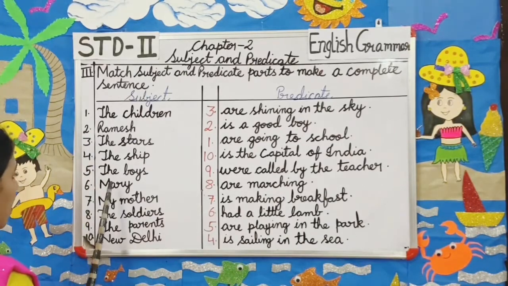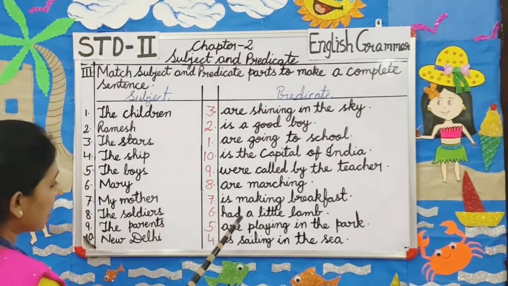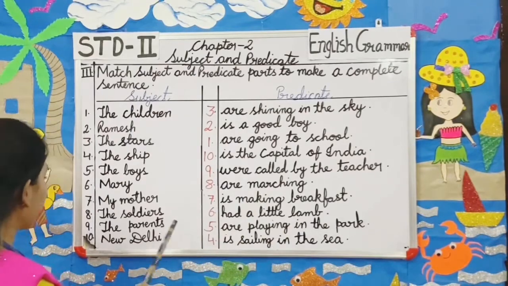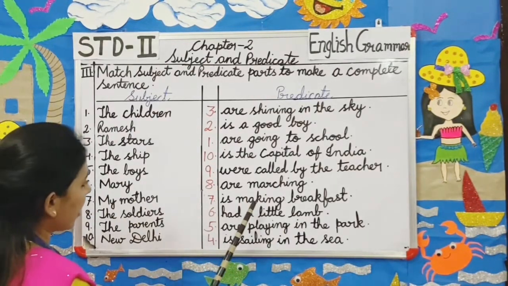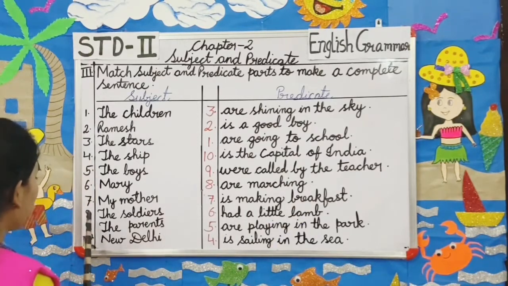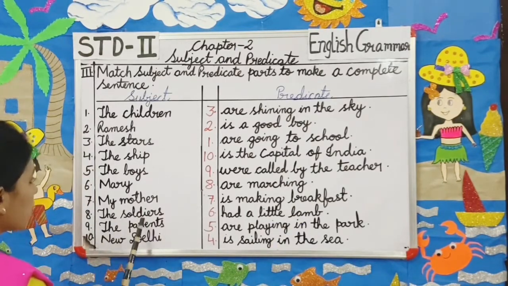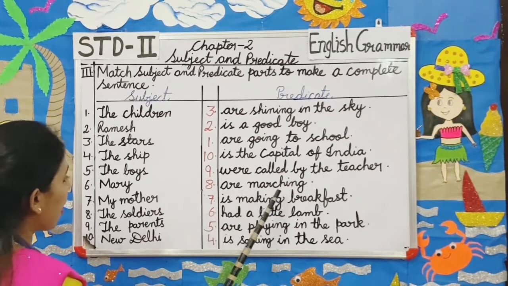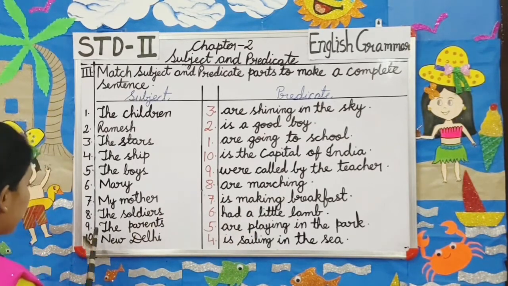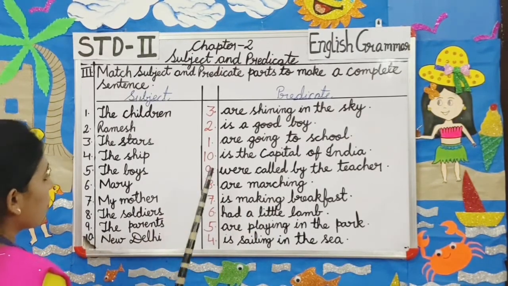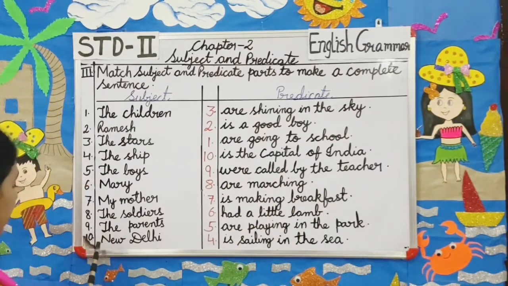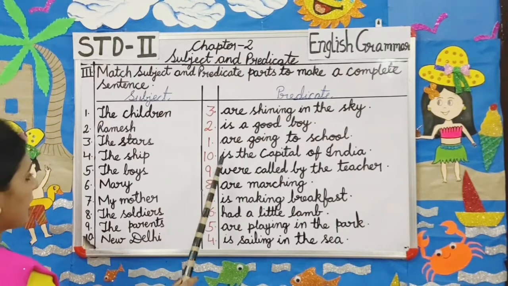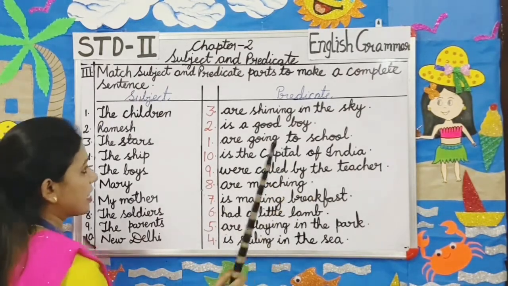Number 6. Mary had a little lamb. Number 7. My mother is making breakfast. Number 8. The soldiers are marching. Number 9. The parents were called by the teacher. And number 10. New Delhi is the capital of India.